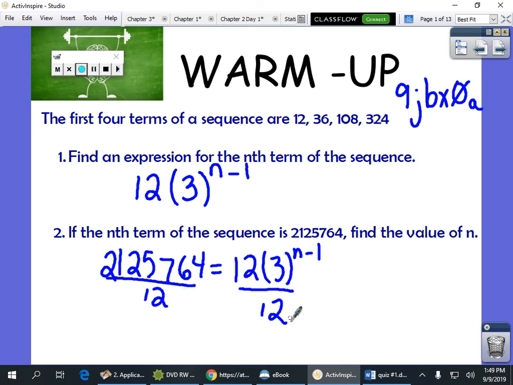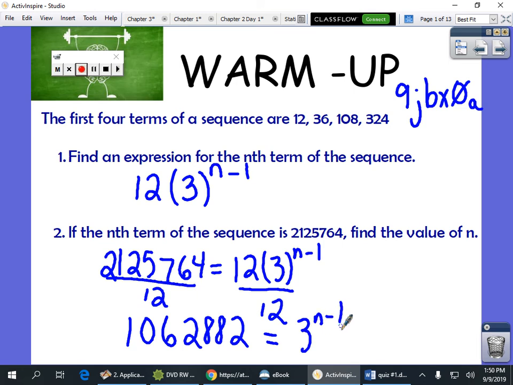Okay, what did you get? 106. Did I write it down correctly? That's what it is, divided by 12? Okay. Equals 3 to the n minus 1, right? Yes. Is everyone good?